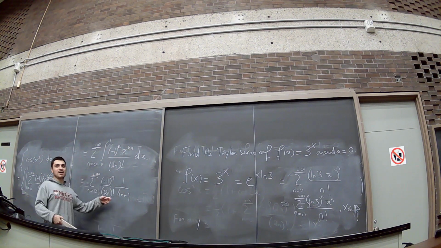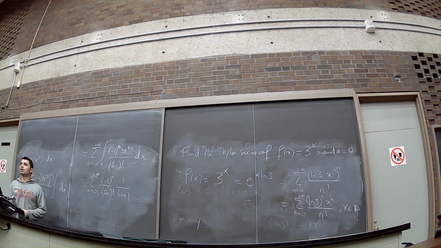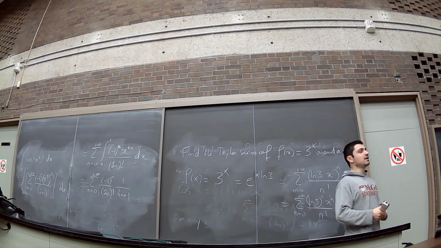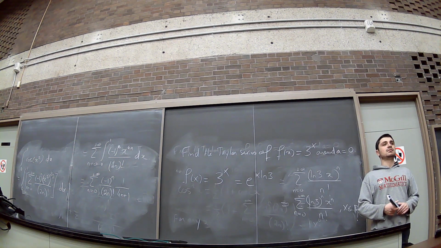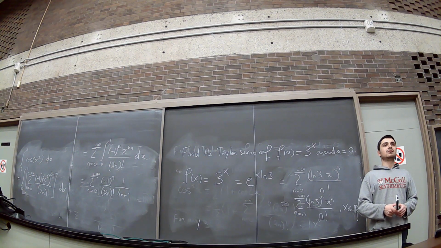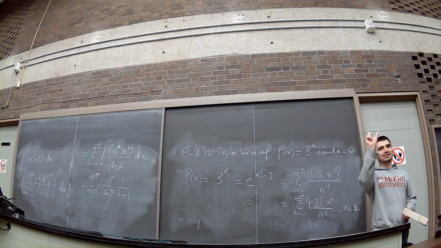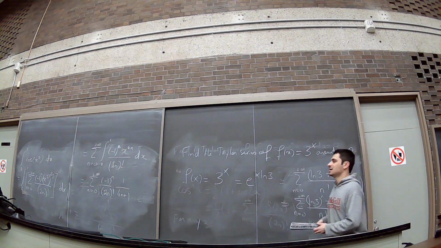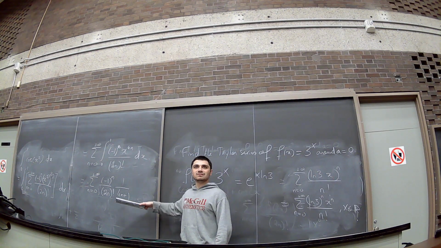But the idea is that you can apply everything you know about series from calculus 2. The remainder is the error term: the sum of the series minus the nth partial sum is less than or equal to the n plus 1 term in absolute value.